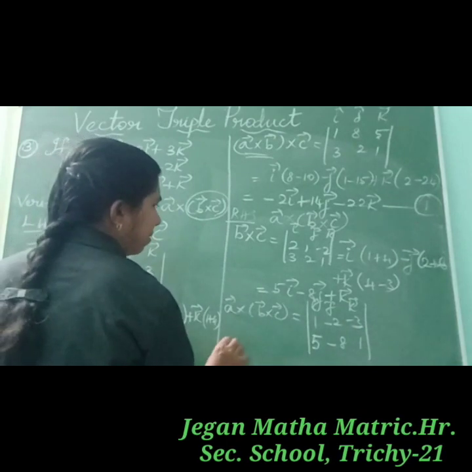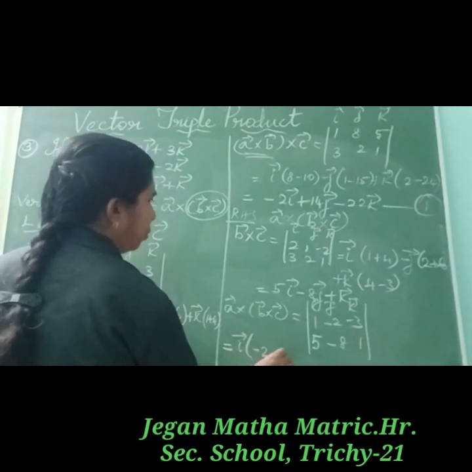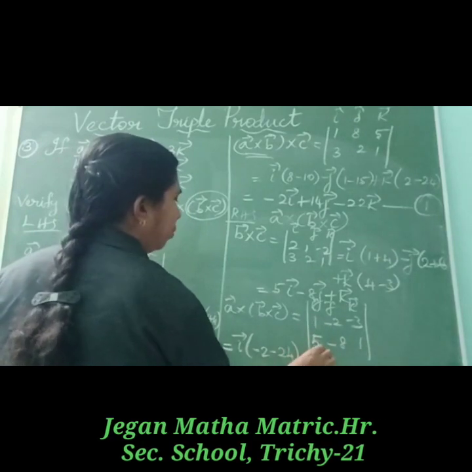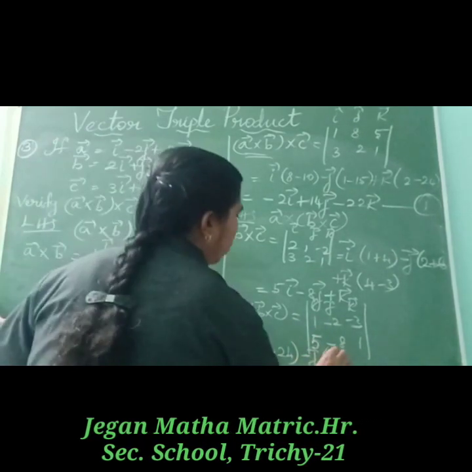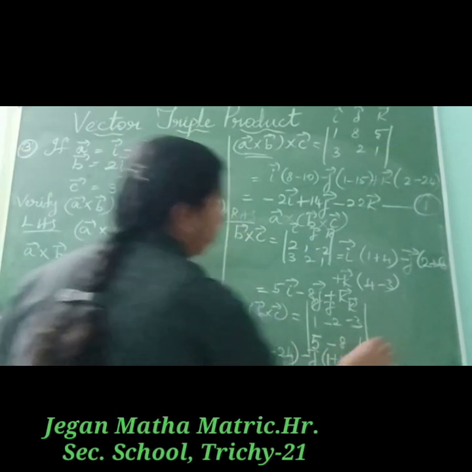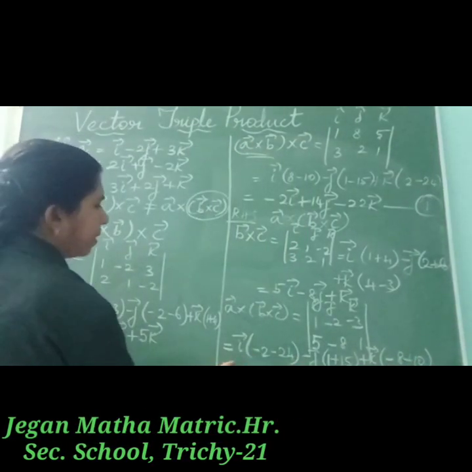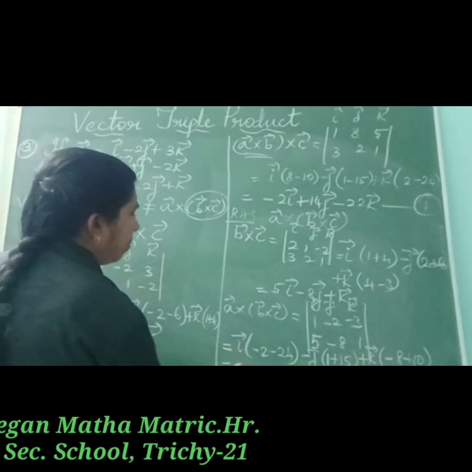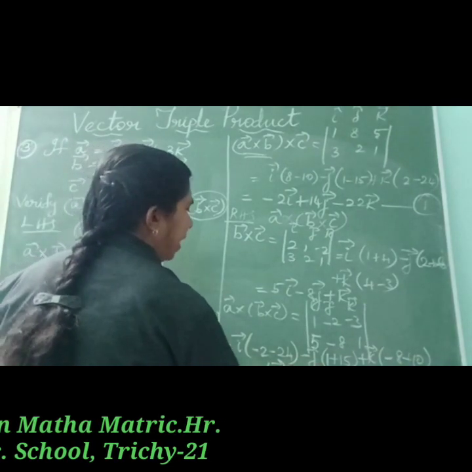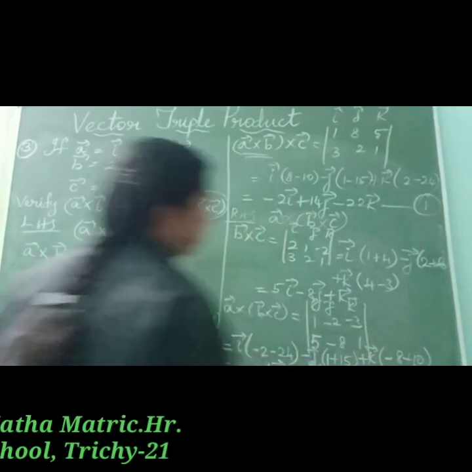When you expand this, I vector into minus 2 minus 24, minus J vector into 1 plus 15, plus K vector into minus 8 plus 10. So the answer is minus 26I minus 16J plus 2K. This is the second equation.